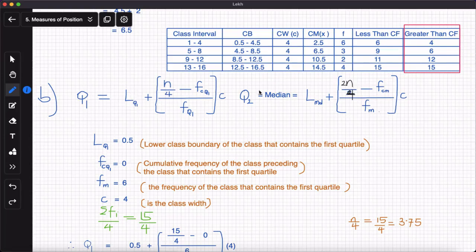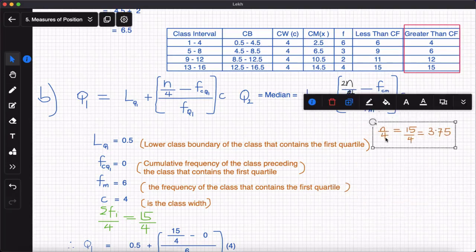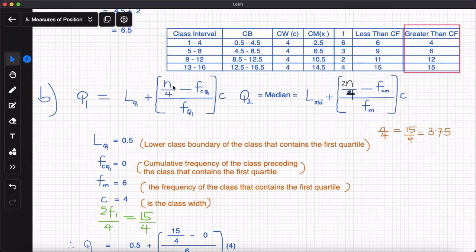So let's see how we do that. This time around, we will not be using n divided by 2, but n divided by 4. Just the way n divided by 2 came from here, 2 divided by 4 is 1 over 2, and 1 over 2 multiplied by n is n divided by 2. So we say 15 divided by 4, that will be 3.75.